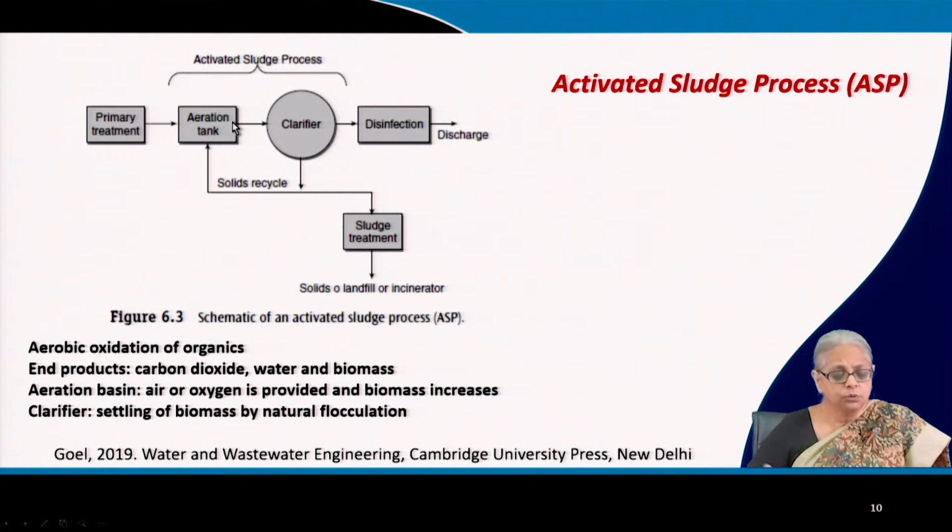Okay, so those are the basics of this process. It's aerobic oxidation of the organics in wastewater. The end products along with biomass are carbon dioxide and water. Air and oxygen are provided, biomass increases, and you get natural flocculation of the biomass, which helps it to settle.